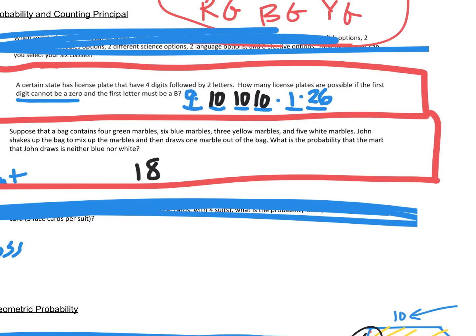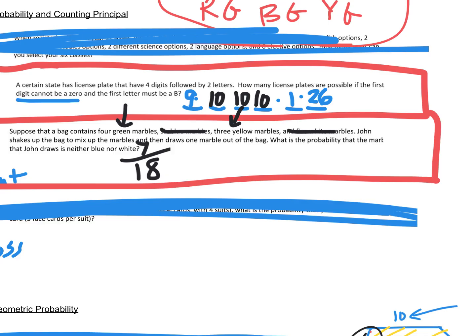So in other words, he really said it's not blue, it's not white, then it must be green or yellow. And there's 4 and 3 makes 7 of those. So what I want is those 7. 7 out of 18. Raise your hand if you had 7 out of 18.